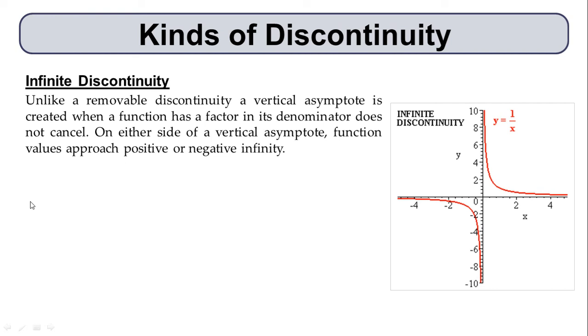So, kung nakikita niyo yung graph na yan, medyo familiar na siguro kayo dyan. Unlike yung mga removable discontinuity, itong infinite discontinuity, ano siya eh, yung denominator, hindi na natin makancel. No?